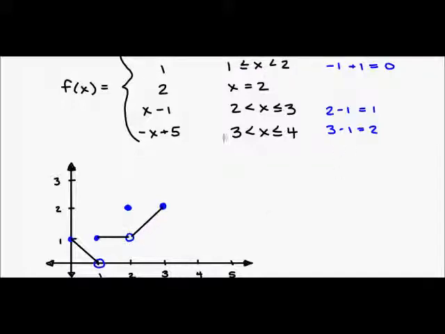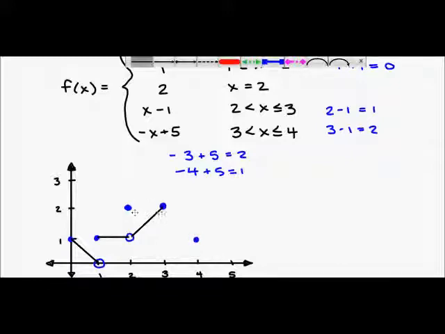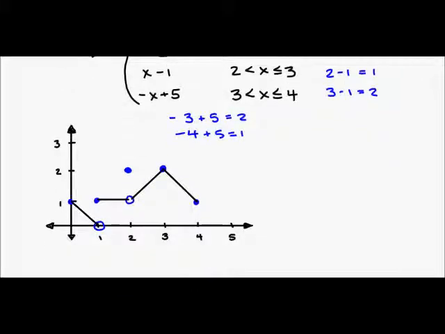And our last statement, between 3 and 4: negative 3 plus 5 is 2, and negative 4 plus 5 is 1. So (3, 2) is already taken care of, and (4, 1) is right here. Okay, so here is our graph.